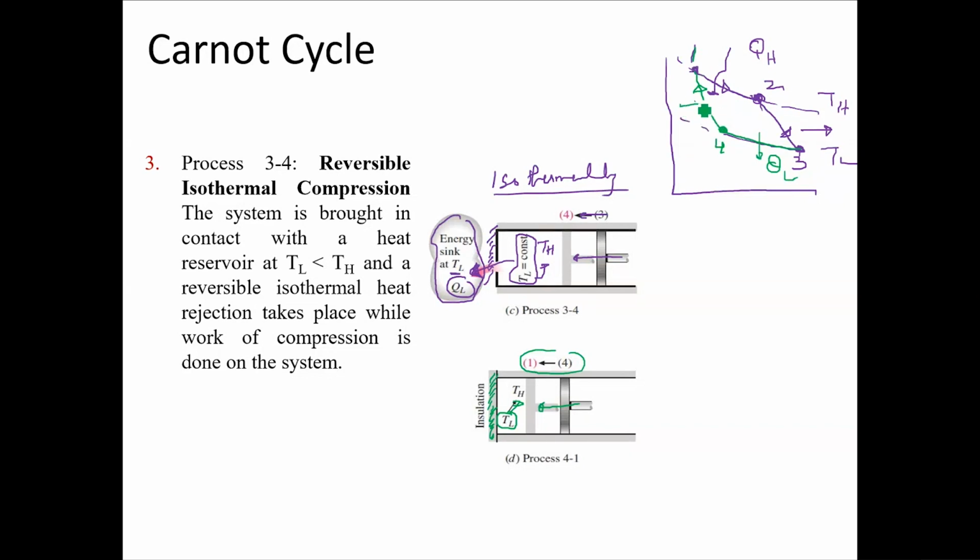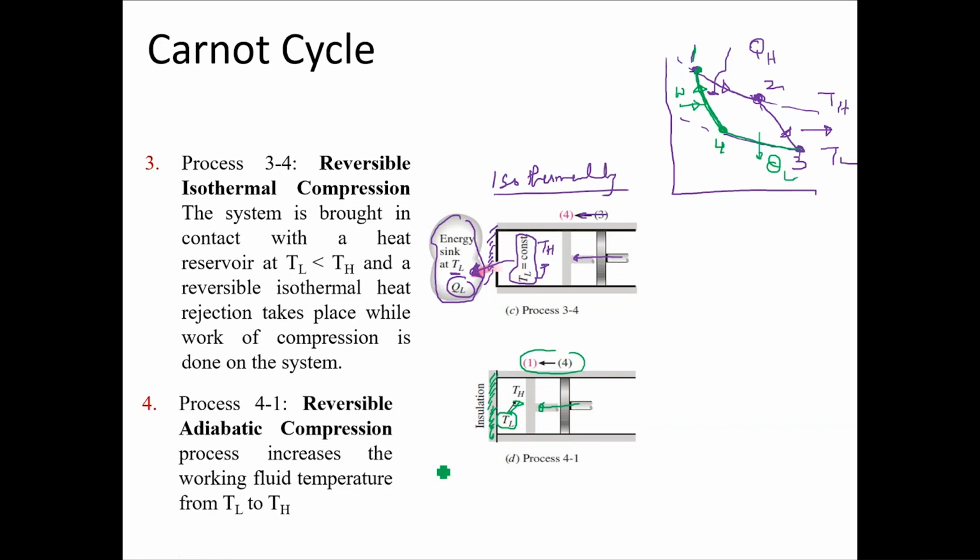This requires work input into the system, and this is performed adiabatically so that all the heat generated during the process is used in making the system get back to its original condition. This is a reversible adiabatic compression process which increases the fluid temperature back to TH.